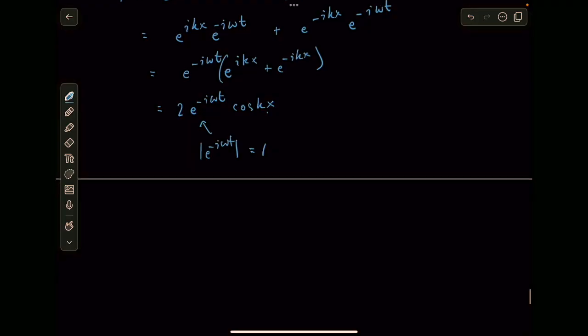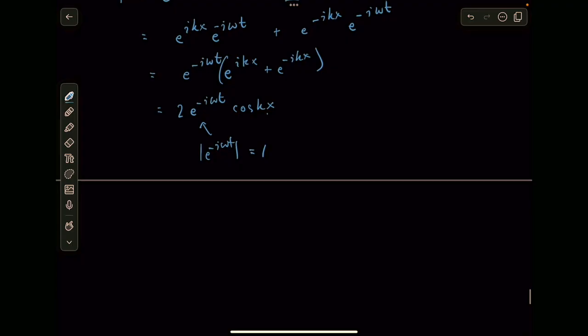Just by simple ideas of probability, we should be able to measure the particle at some point. And just like that, we've obtained a temporary solution to this free particle traveling in the positive x direction. In the next video, we're going to examine some consequences of this and see if we can try and normalize this solution.